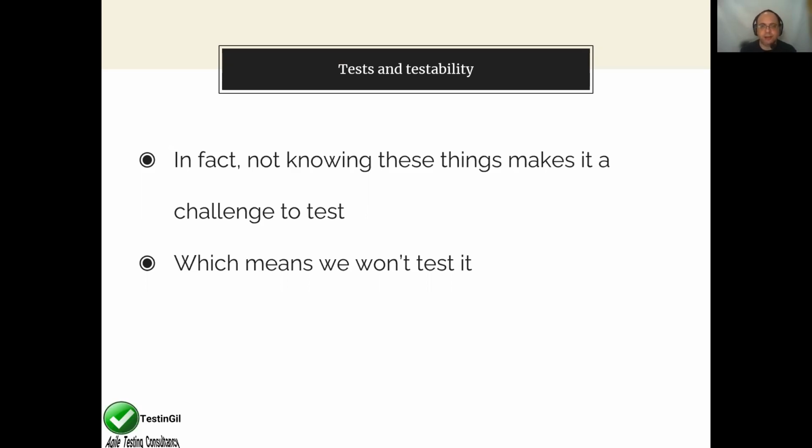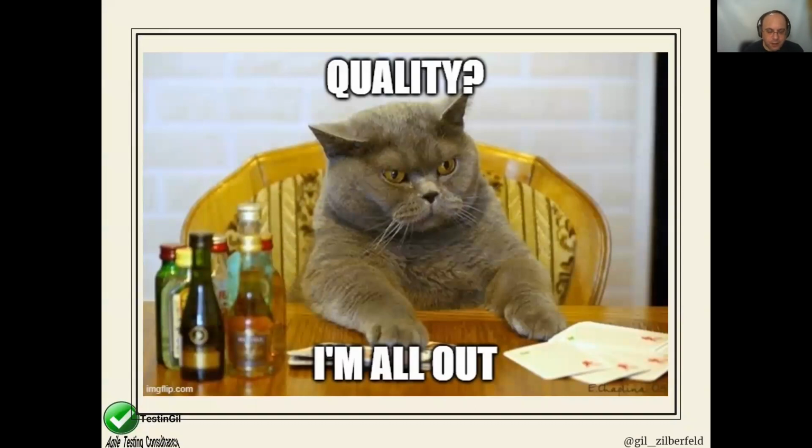We'll prioritize something else, because we don't have all the time in the world, and that means we'll deprioritize testing. And if we are really serious about testing, we need to go back to simplicity and learn about this stuff in order to give ourselves a chance to test it better and not lose it on the way. If we don't do that, we're gambling on quality, and I'm sure nobody wants that.